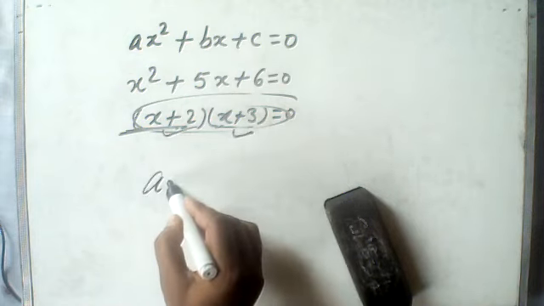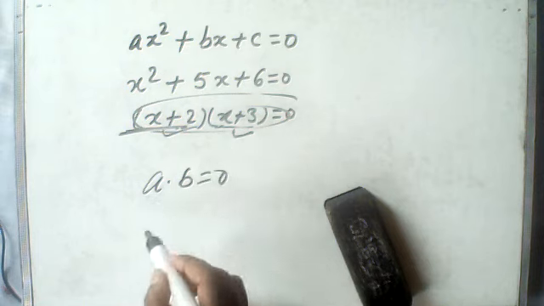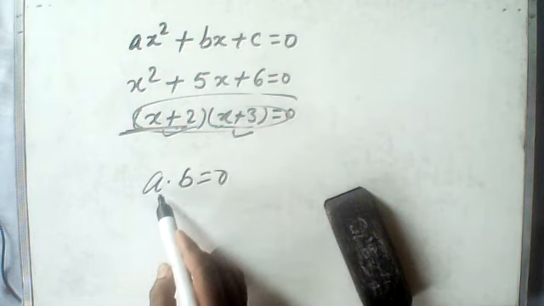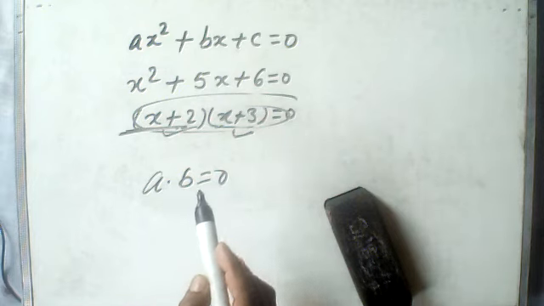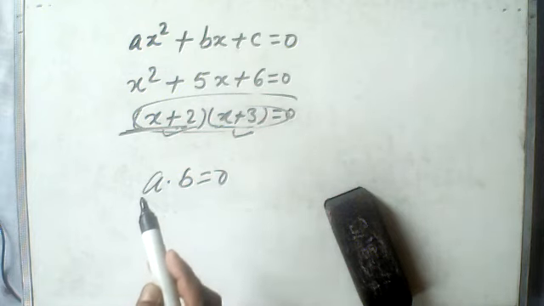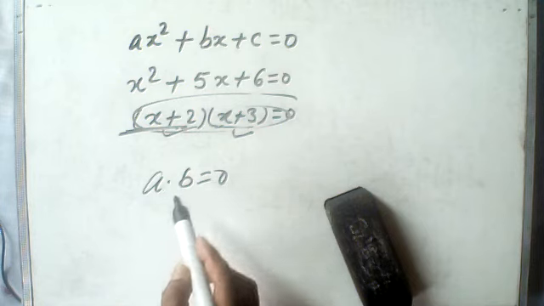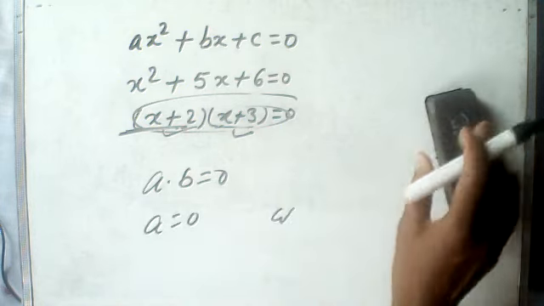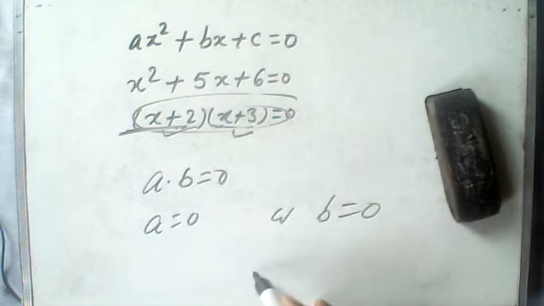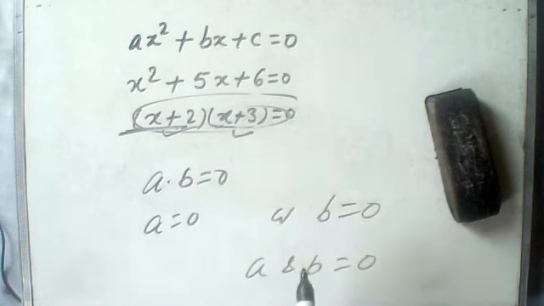This is in the form of a into b is equal to 0. If the product of two numbers is 0, then either one or both must be 0. Either a is equal to 0 or b is equal to 0 or a and b both are equal to 0.